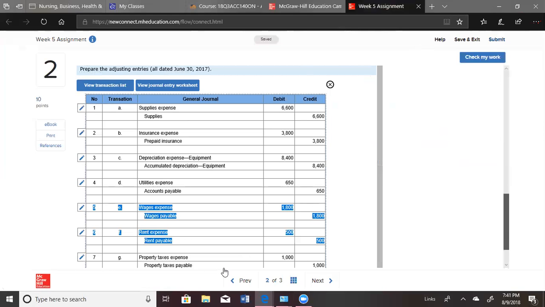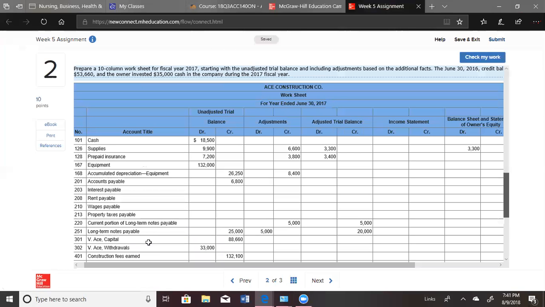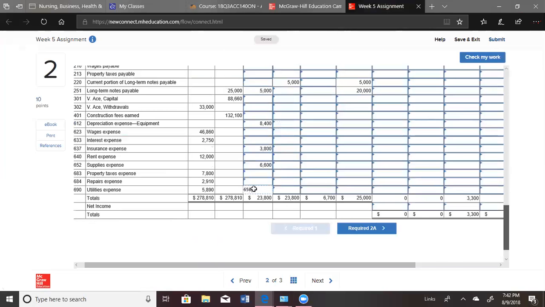So $650 for utilities expense. And then adjustments. Okay.